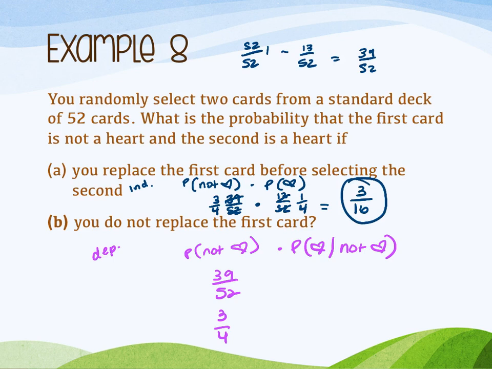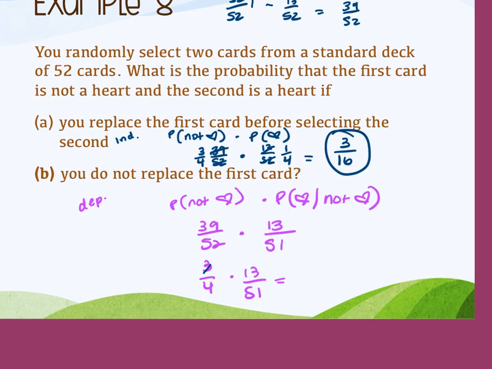No, but a card is gone, yes? So my total sample space has changed. It becomes 51. Does that make sense? Yeah? Okay. So then I'd get 13 over 68.